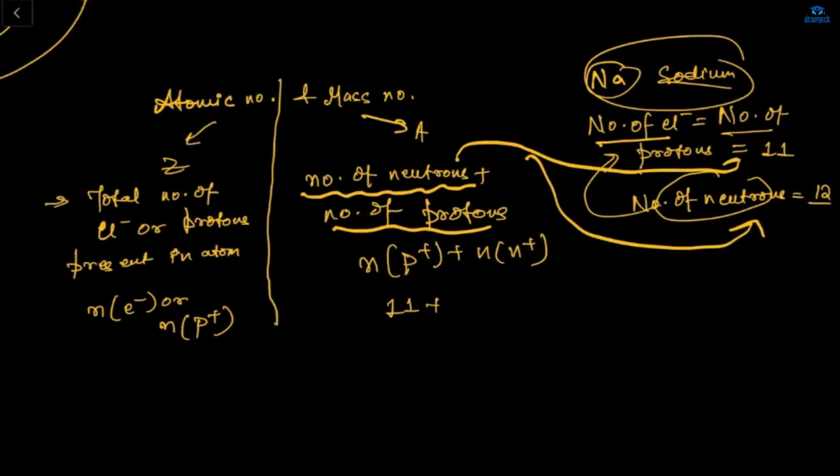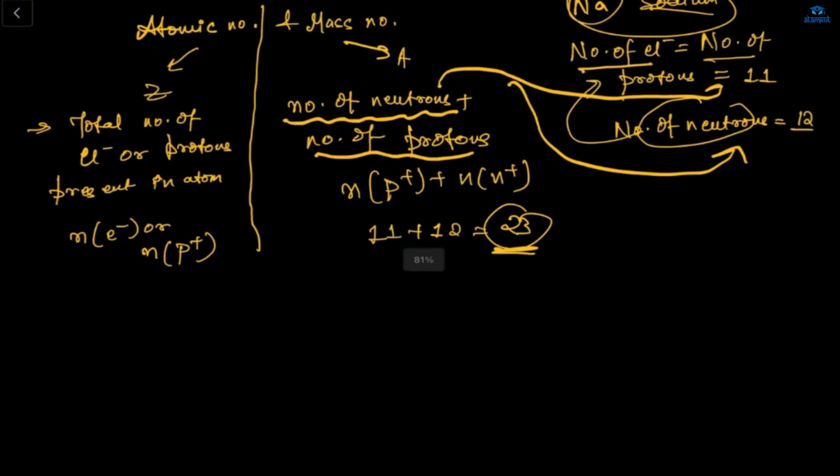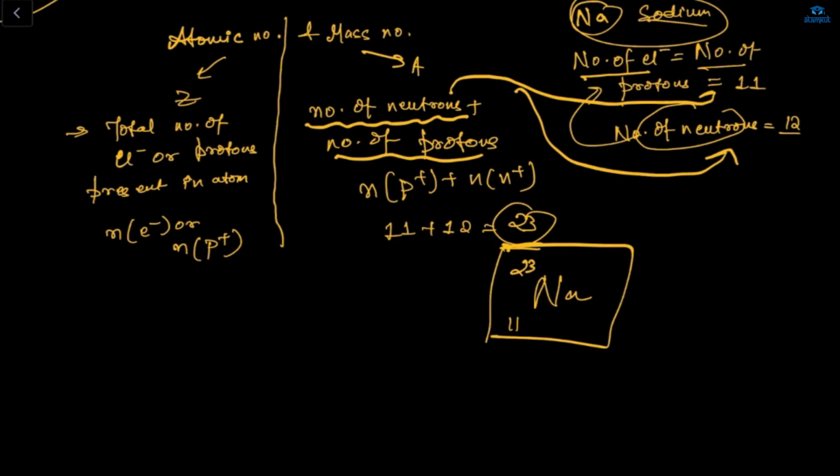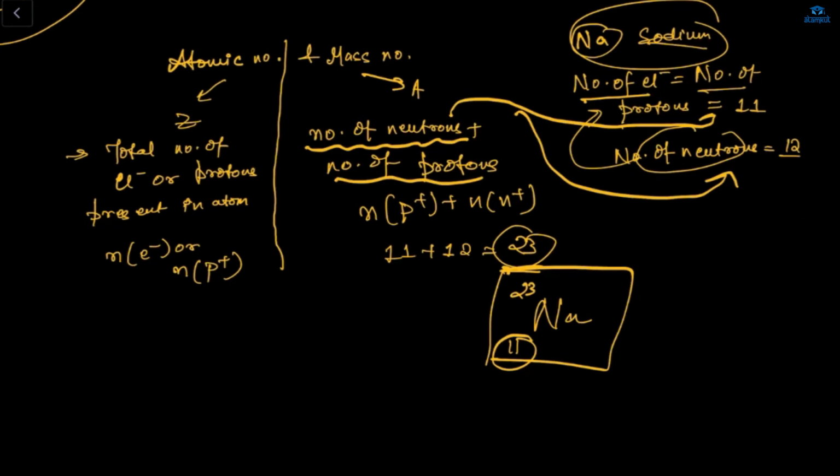So the mass number of sodium is 23, correct? And we always represent it like this: this is the representation of sodium. Below is the number of protons, and here is your mass number.